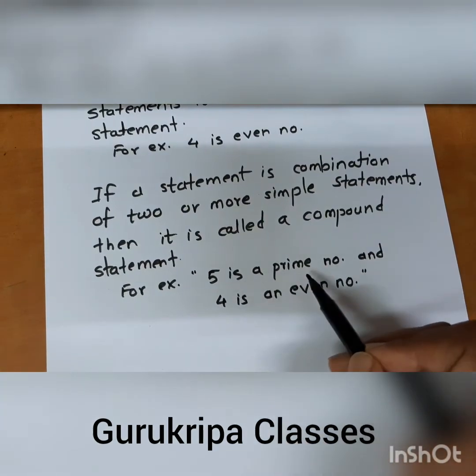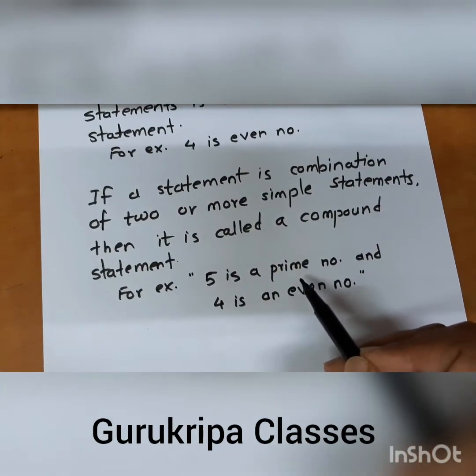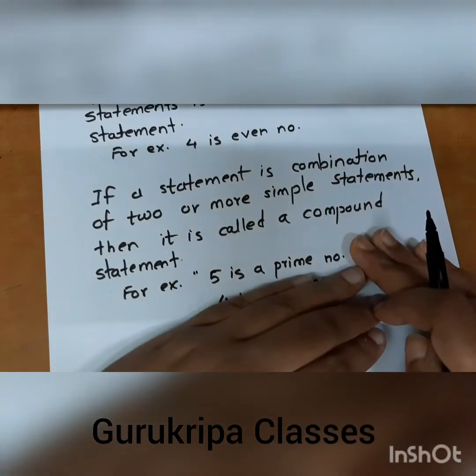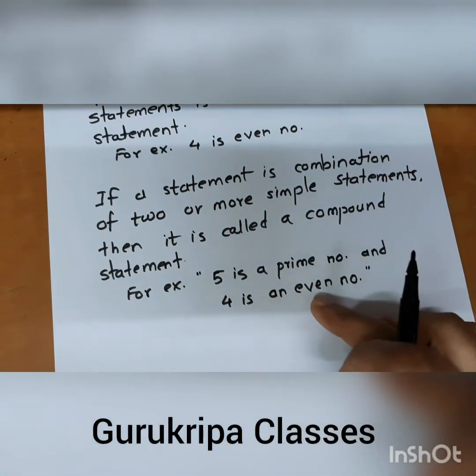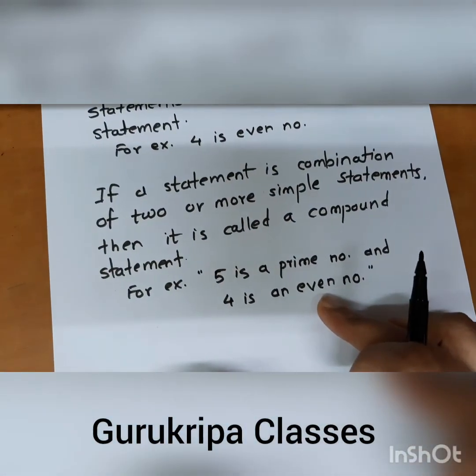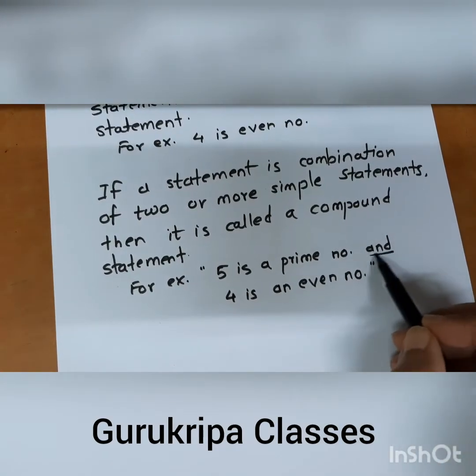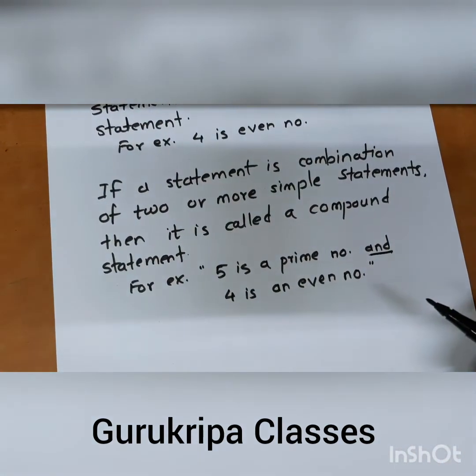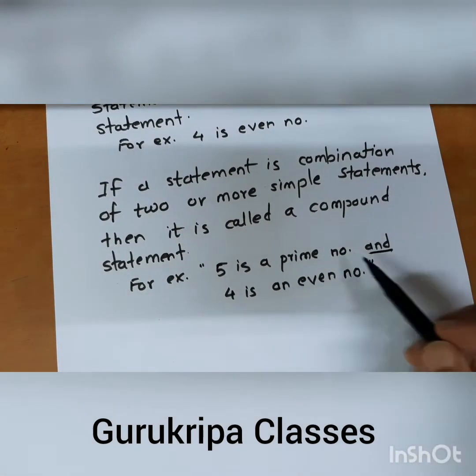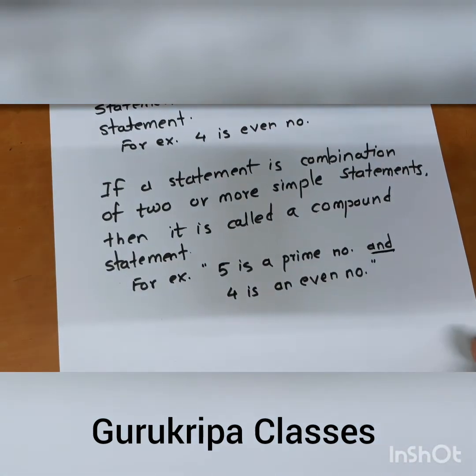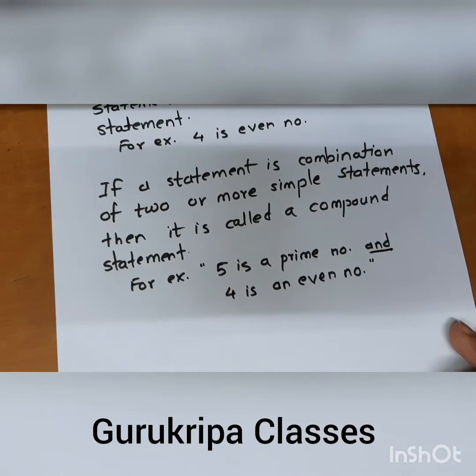The first statement is what? 5 is a prime number. This is a simple statement, and 4 is an even number. This is again another simple statement. And combining them with this and, that is the connective, we are getting this as a compound statement. Okay, so now we are going to learn these connectives.